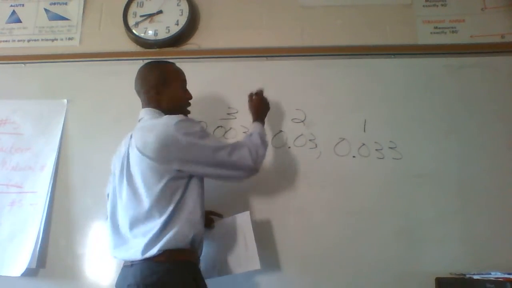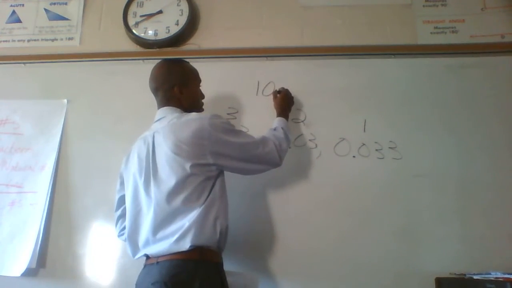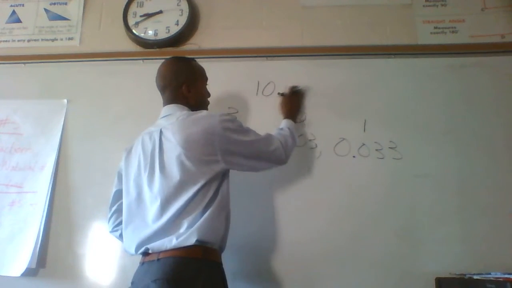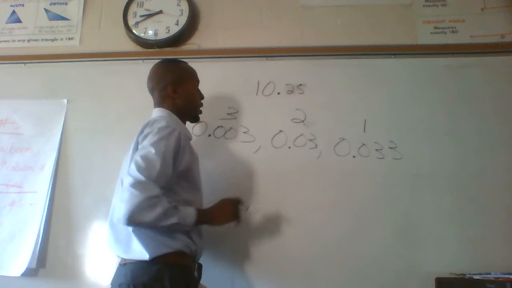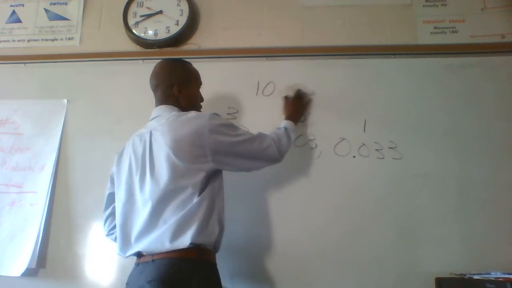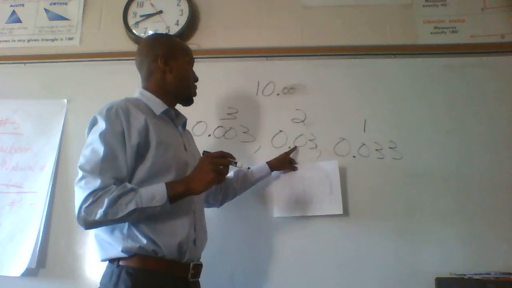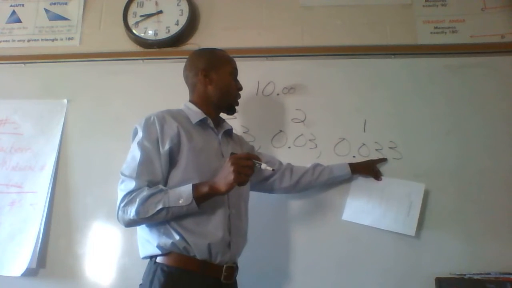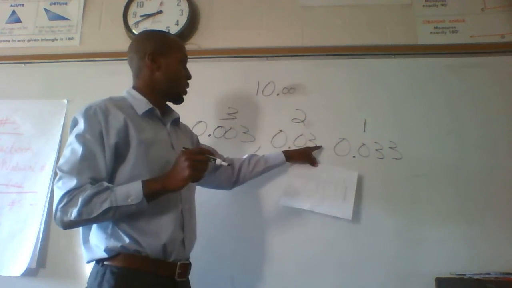Like if I have the number 10, I can also write 10 as 10.00. Unless there is specifically a decimal after it, like 0.25, we know that 10 is 10.00. So this is 0.030, this is 0.033, so there's a 3 in the thousands place here, and a 0 in the thousands place here.